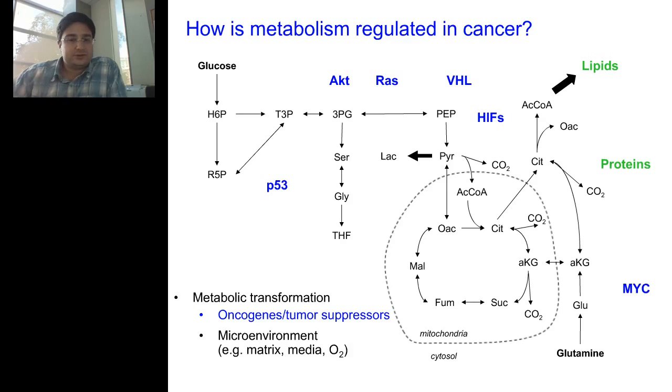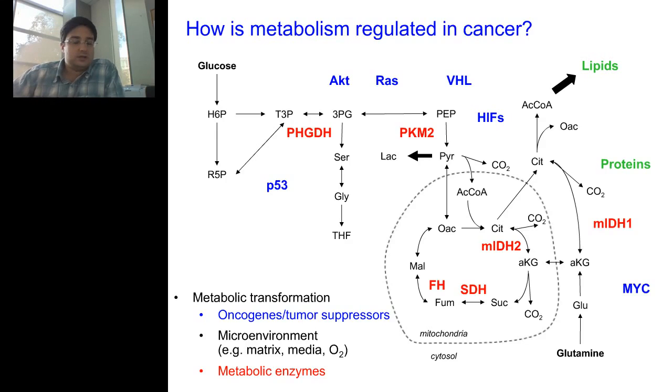We've also seen, and you'll see more of this here, that the microenvironment itself will exhibit profound effects on how cells metabolize their surrounding nutrients. And even more recently, we've learned that metabolic enzymes themselves are differentially expressed or commonly mutated in specific types of cancer. Some of these specific enzymes are listed here.